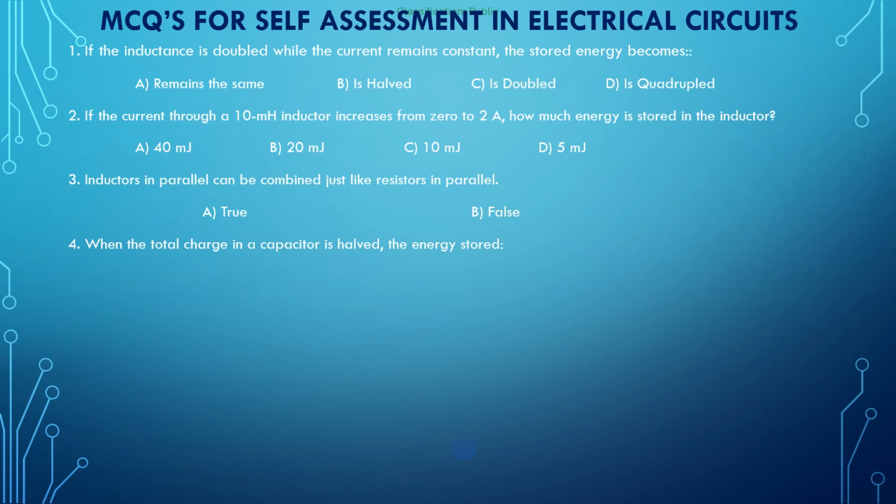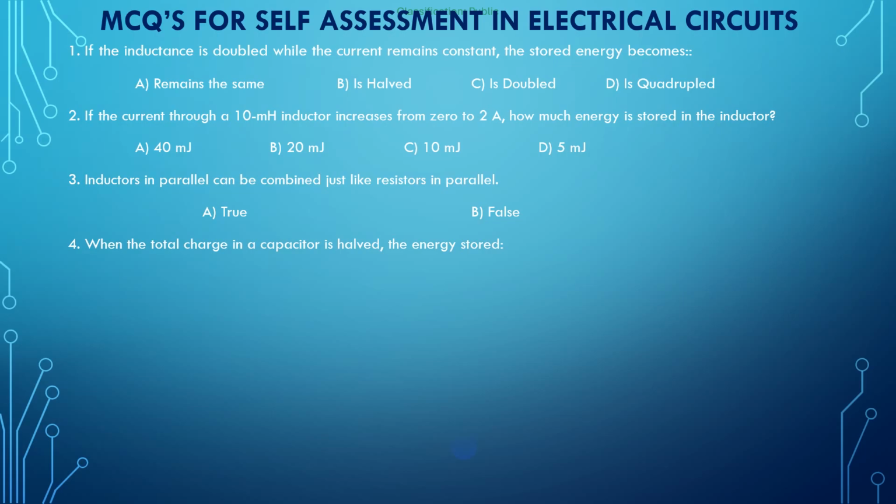What is the voltage? Q over C. So V square is Q square divided by C square. So half C multiplied by Q square by C square. One C will cancel, so Q square will be there.